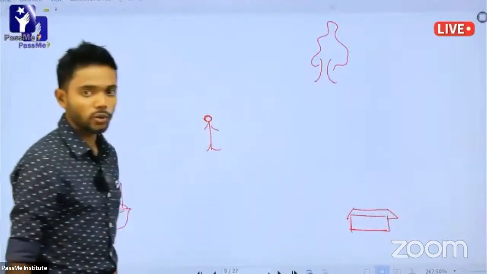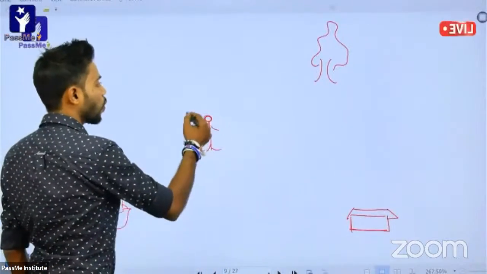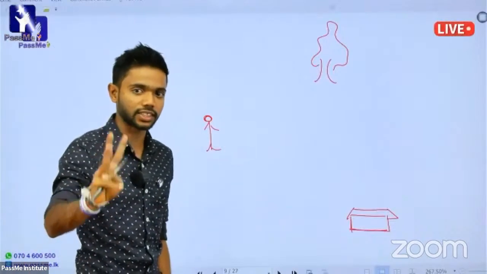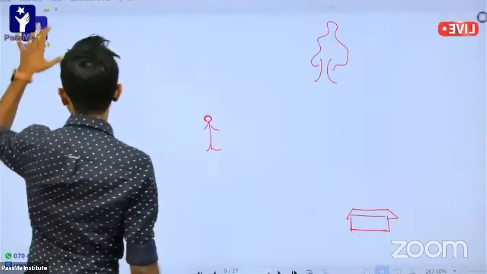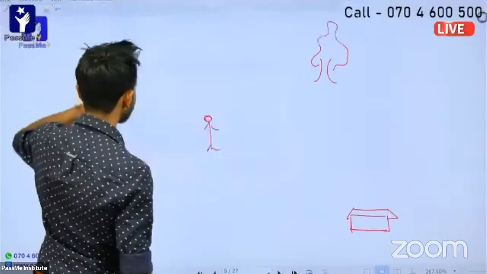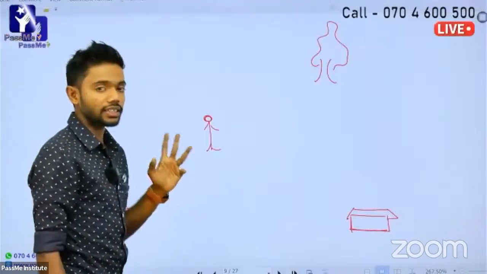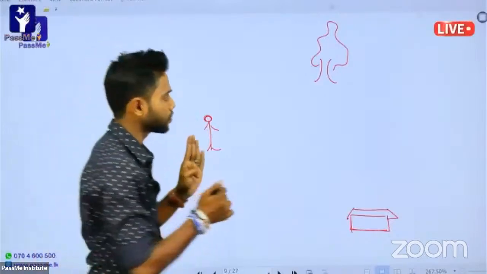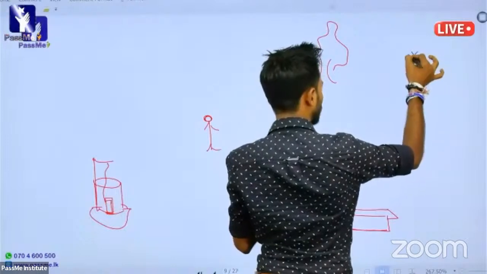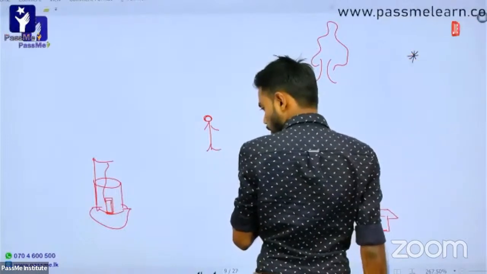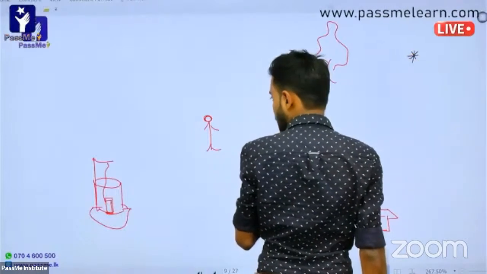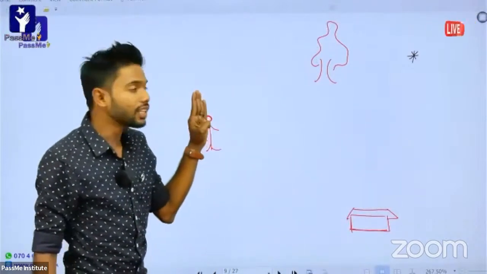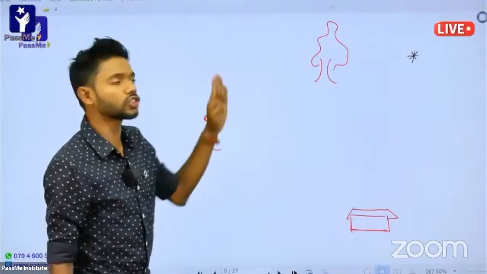Now what we want to do is remember three very important aspects. The bearing angle consists of three rules. The very first one is that you need to measure the angle with respect to the north direction.